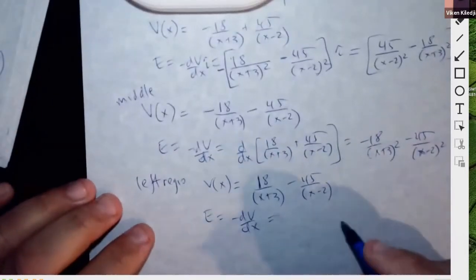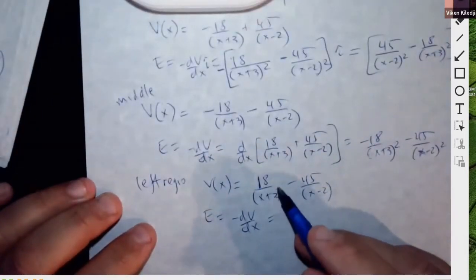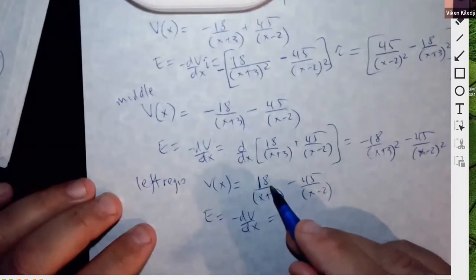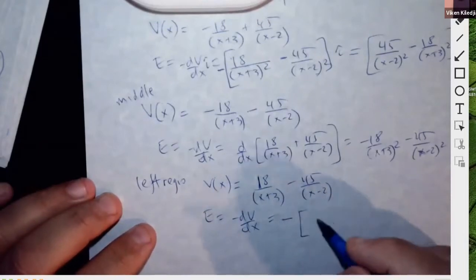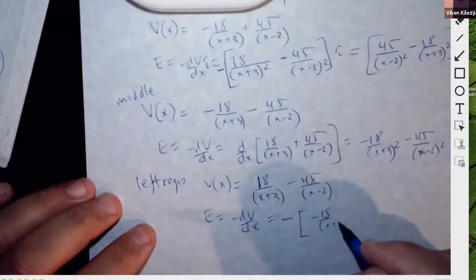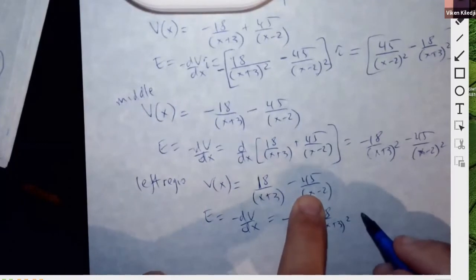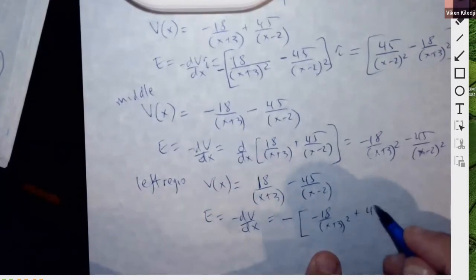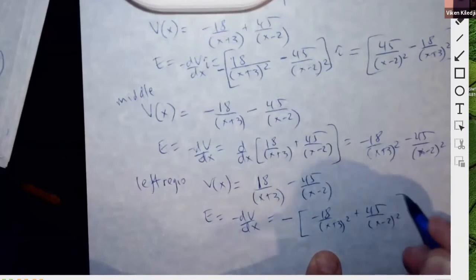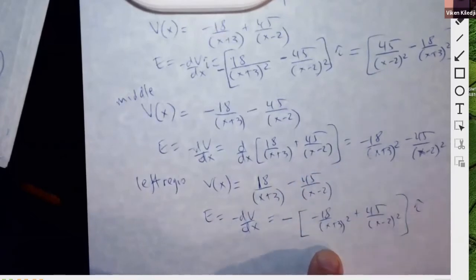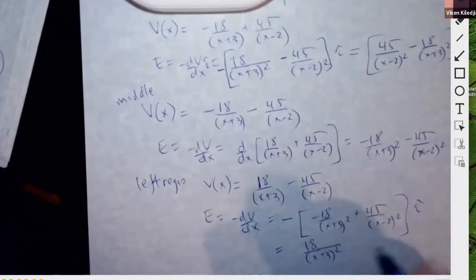And then you're going to have here, the derivative of this is already going to be negative, so negative of negative 18 over x plus 3 squared. And then the derivative of this is going to be negative of itself, so plus 45 over x minus 2 squared i hat. And then distribute the negative in. So 18 over x plus 3 squared minus 45 over x minus 2 squared.